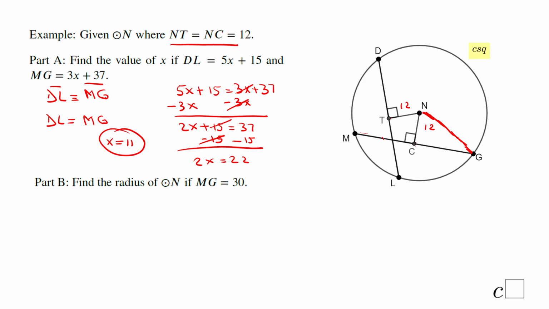That means these two segments are congruent. NC bisects the chord since it's perpendicular, and since MG is 30, each of these pieces will be 15.